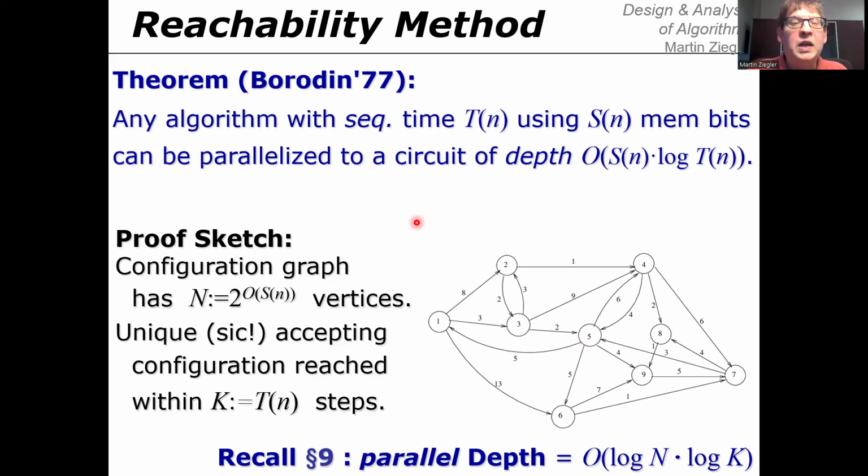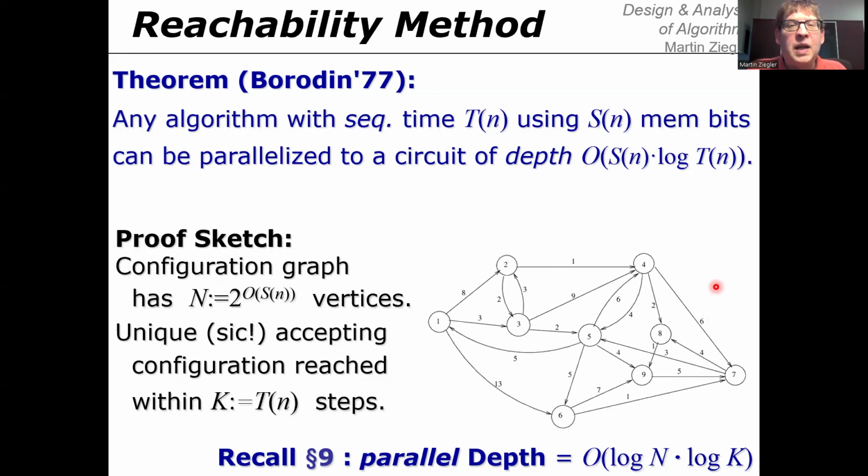The second part is that the configuration graph, which I will explain on the next slide, turns out to have precisely two end configurations, one in case the algorithm accepts and one in case the algorithm rejects. So we're talking about algorithms for decision problems. When the algorithm says yes, then it corresponds to an accepting configuration, one designated node in this huge graph. And if the algorithm says no, if it rejects, then that corresponds to another, again unique, node in this huge graph.